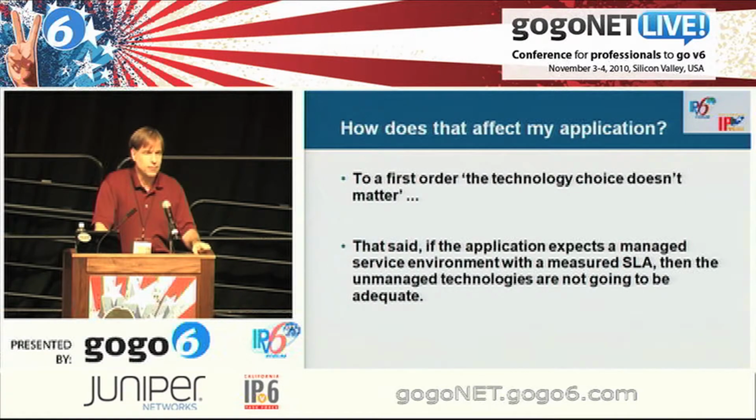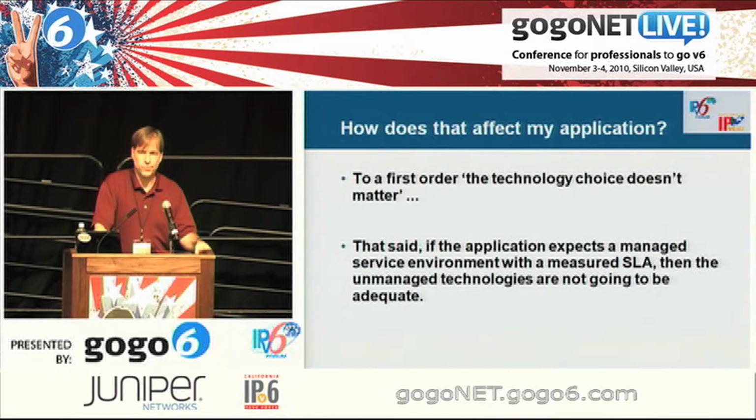At the end of the day, which technology you choose doesn't matter. It's a locally significant, cost-based decision. You can use multiples of these. I have dual stack in my house, have had for a long time. I also run ISATAP. Why? Because I want to make sure that that technology is still working the way it's supposed to be working.